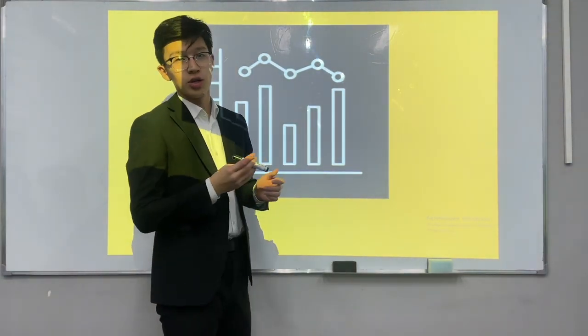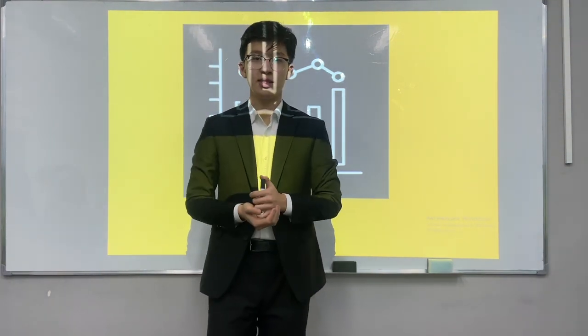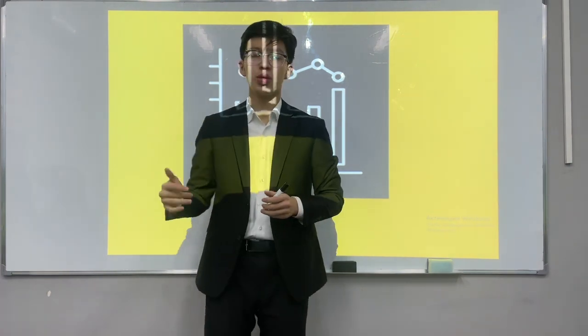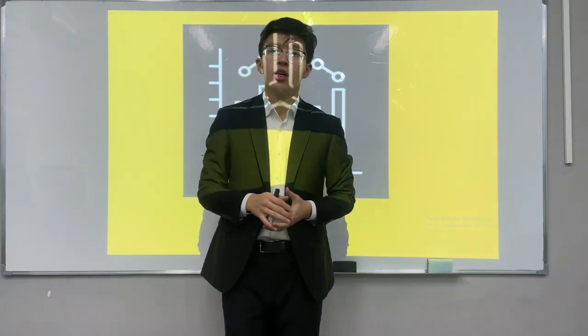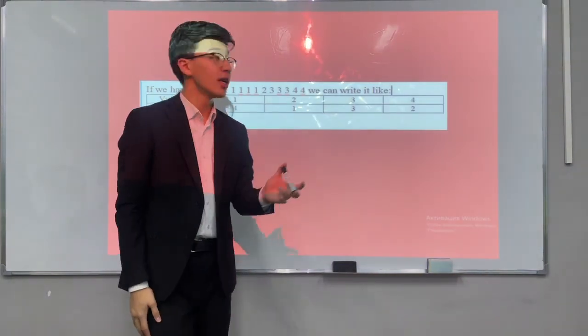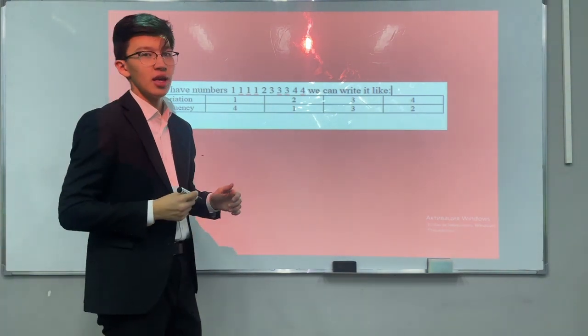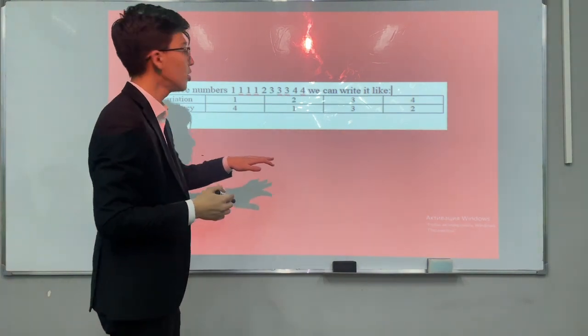As we concluded, the frequency is how many times a number in the variation is repeated. But the next question: what is the variation? We can understand it with this example.